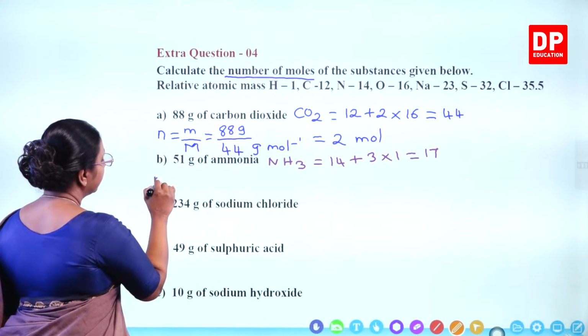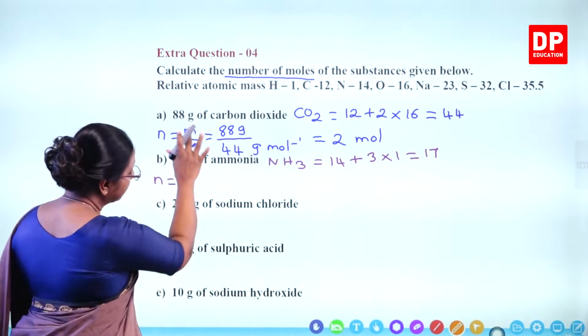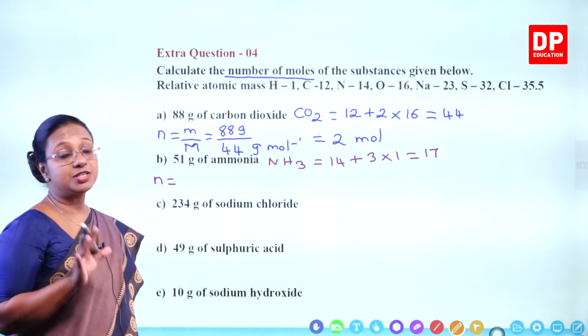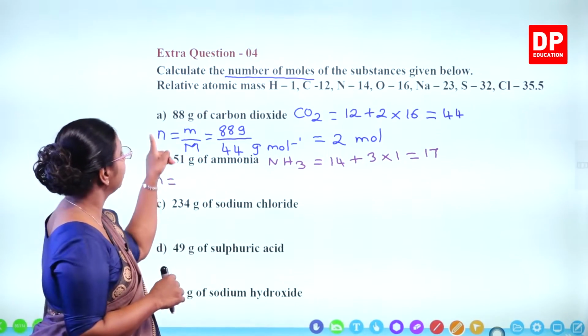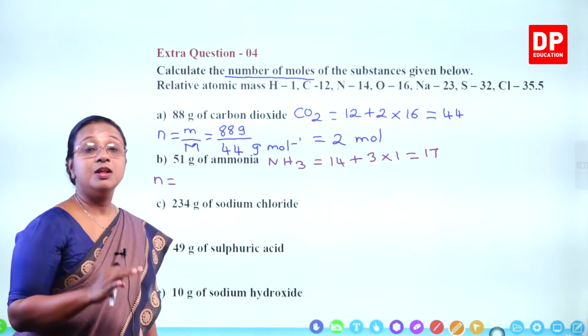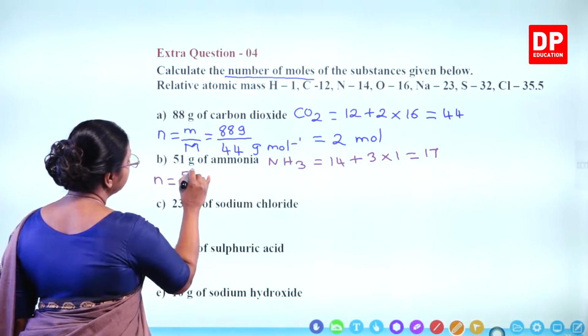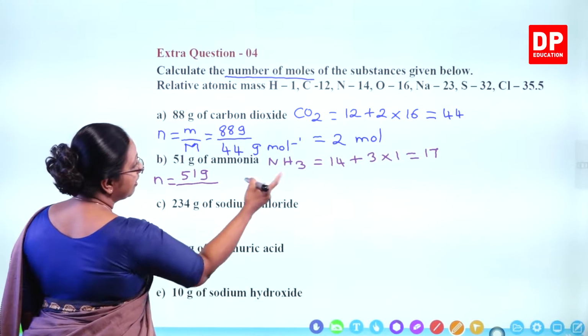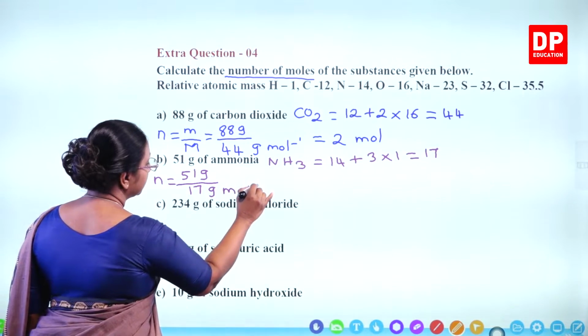Then if you calculate the number of moles, I am not going to rewrite it again and again because we are doing all the calculations together. But if you are given just one question, always write the equation and do the calculation. So here mass is given to you, 51 grams divided by what? 17 grams per mole.